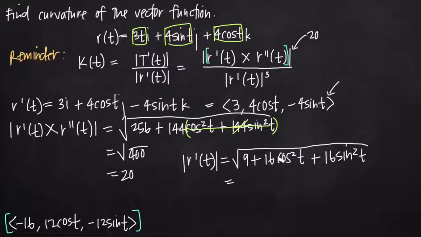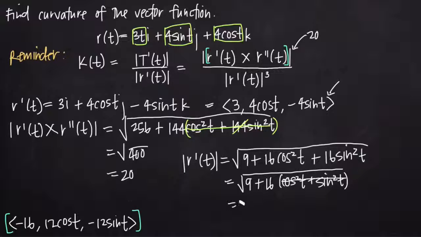What we do is factor out a 16, so plus 16 times cosine squared of t plus sine squared of t, just like we did in our last magnitude problem where we factored out the 144. Cosine squared t plus sine squared t is 1. So we just have 9 plus 16, or the square root of 25, which we know is 5. So this is the value of our denominator, except that we still have to cube it.